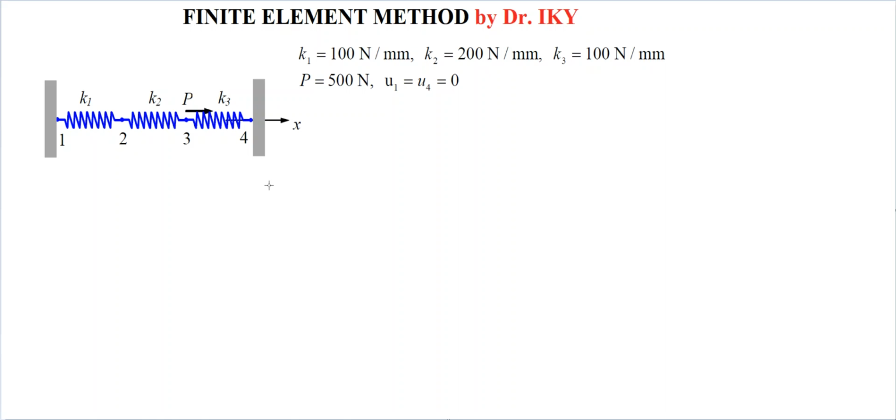And we have an external load of P equal to 500 newtons, which is applied at the third node. And we already know that the nodal translation of the 1st and 4th nodes will be 0, which are connected to the wall directly.